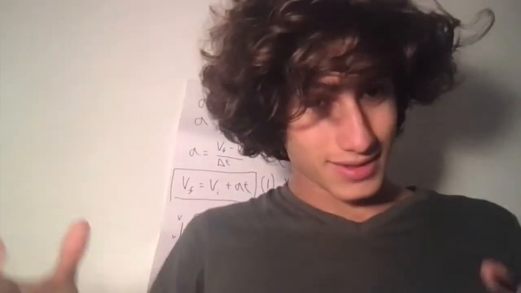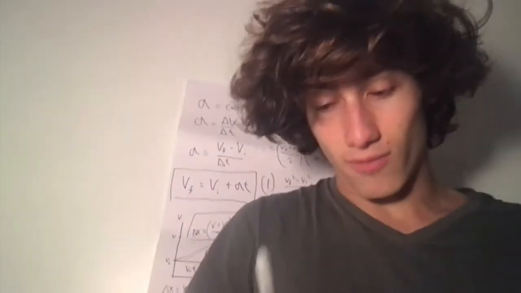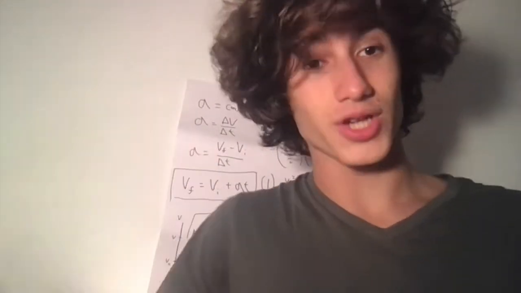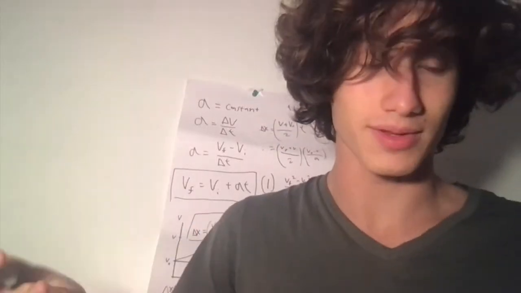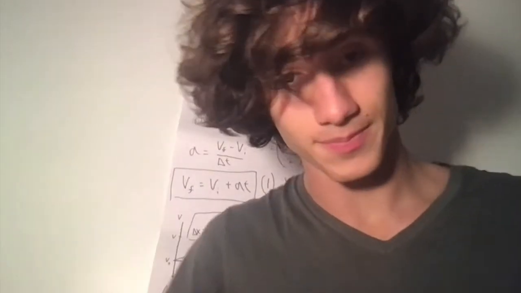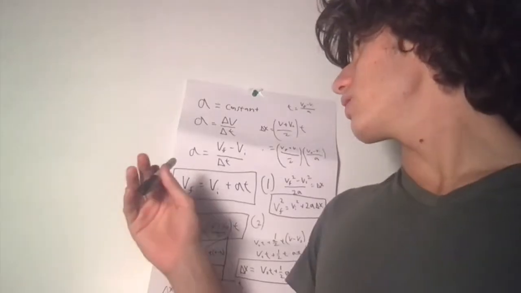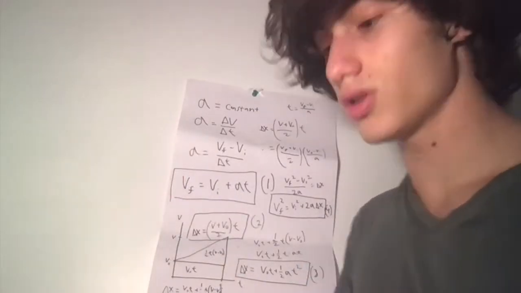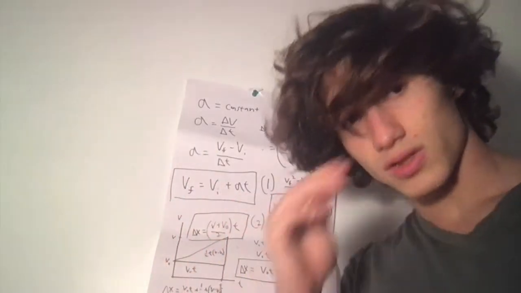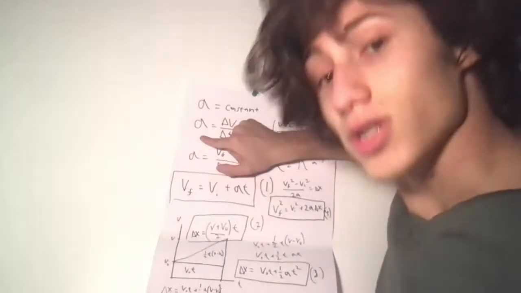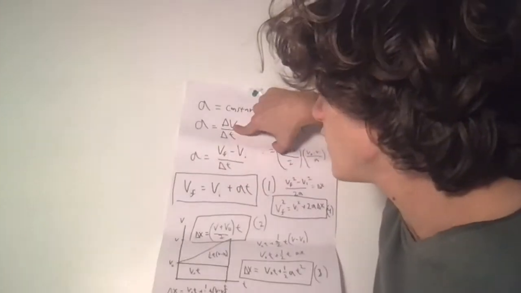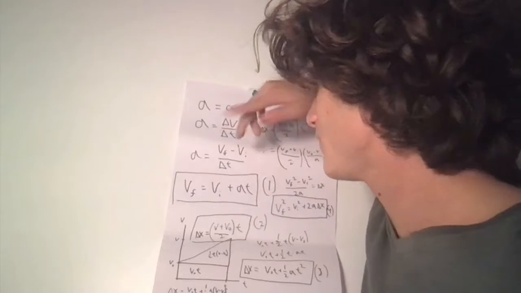So you can see that there is a change in velocity over time. That is acceleration. Acceleration is the rate of change of the rate of change of displacement, or the rate of change of velocity. So that is what we are now gonna write using notation. So we have here acceleration is equal to the change in velocity over the change in time.